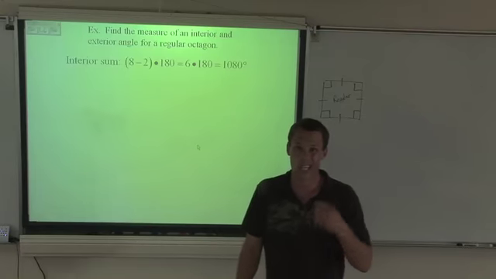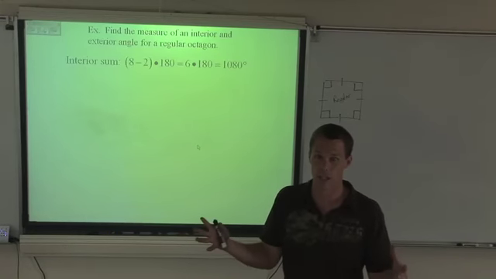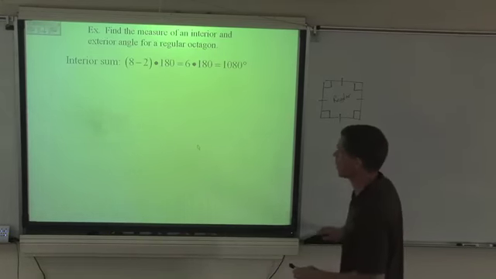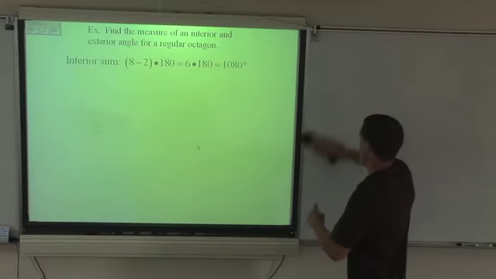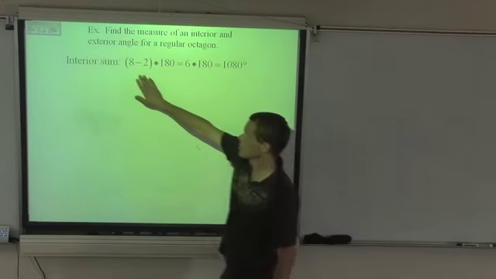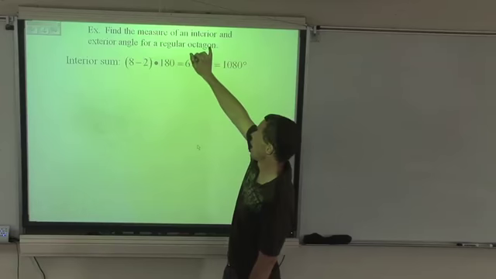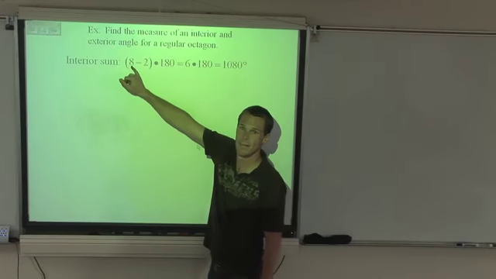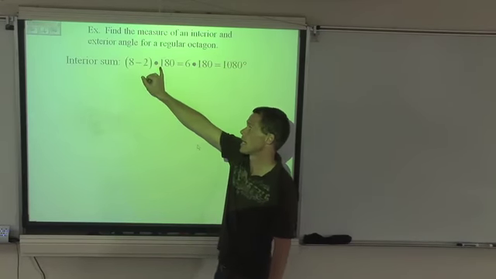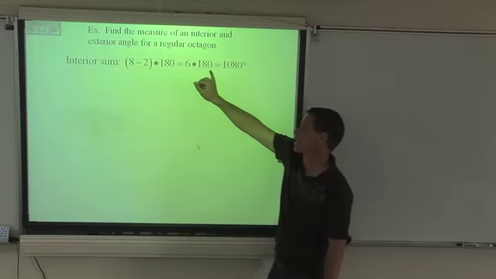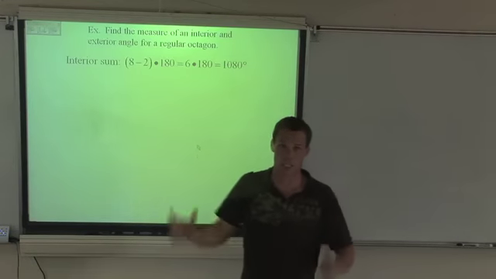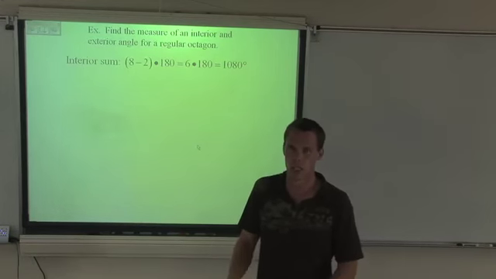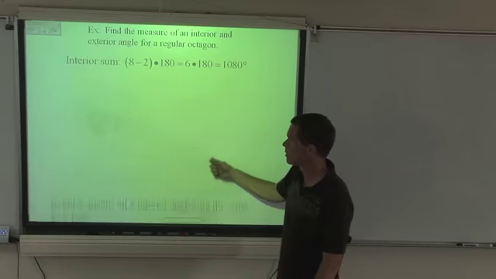First of all, I know I can find what all of the angles add up to using the interior angle sum theorem. So, n, which is number of sides, an octagon has 8 sides, minus 2 times 180. 6 times 180 is 1080. So all of the angles inside the octagon will equal 1080.